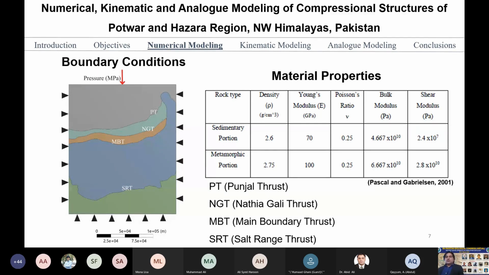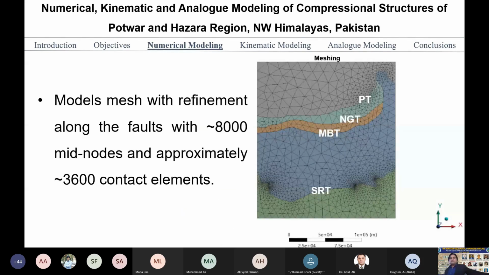After making this geometry and applying these boundary conditions, I meshed the area into different finite elements. In this model I use a triangular mesh, which is composed of 3 nodes, and these 3 nodes are connected with the other elements. Almost more than 8,000 mid nodes and approximately 3,600 contact elements have been generated.